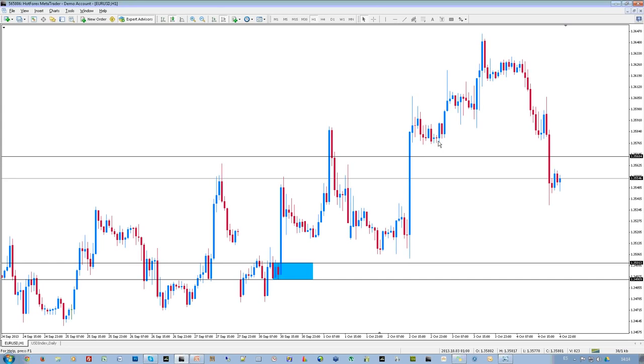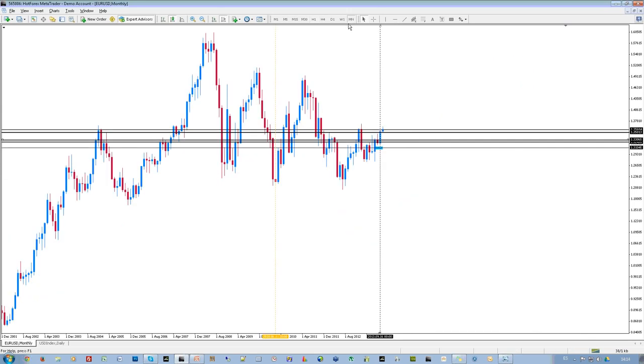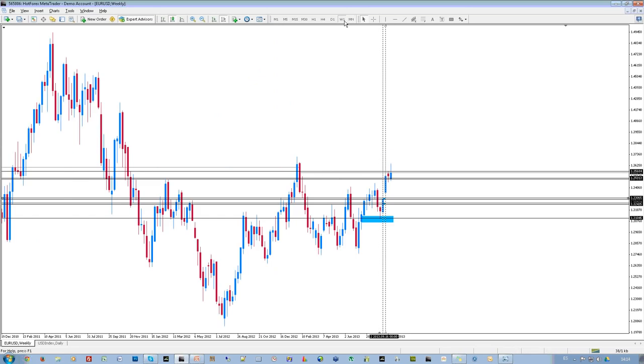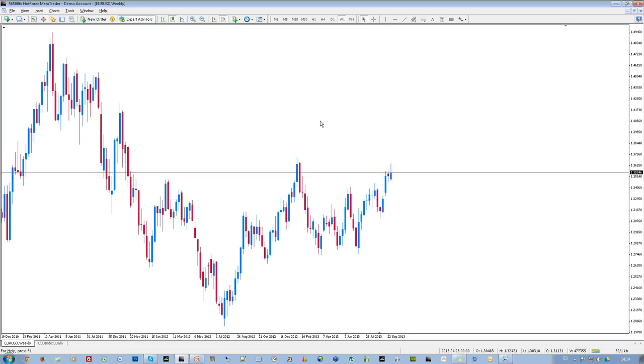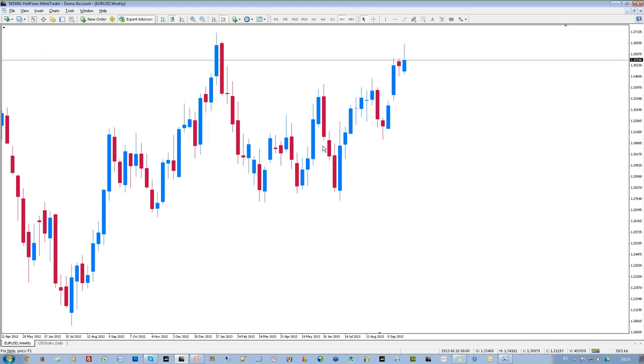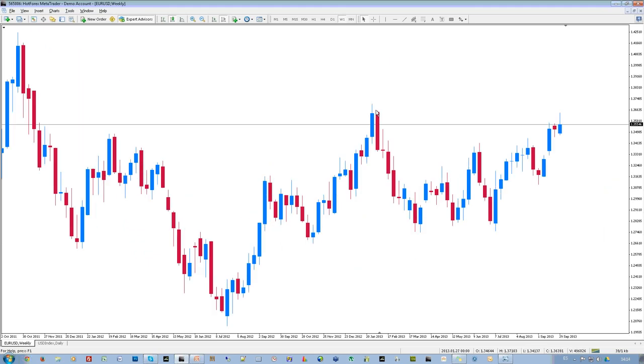This is monthly, and we have a weekly area here. Let me delete objects. All objects, delete. And then we've got this level of supply on the weekly. So right now, this is the high, this is the base.